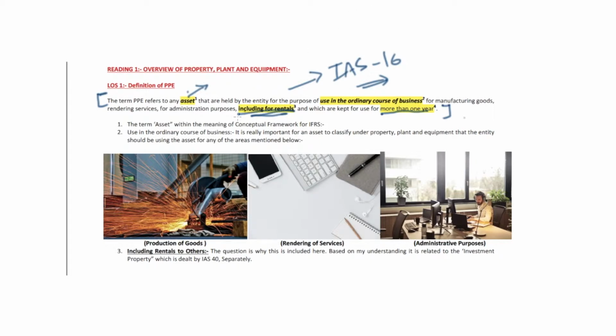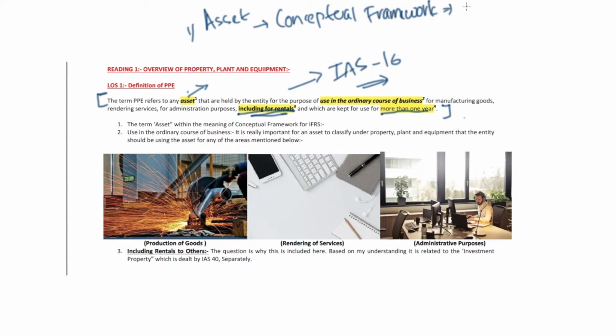Now, let's understand the first point, an asset. What do we mean by an asset? In order to qualify any resource to be called property, plant, and equipment, first of all, it has to be an asset. If someone wants to look into the definition of assets, they need to look into the conceptual framework for IFRS.